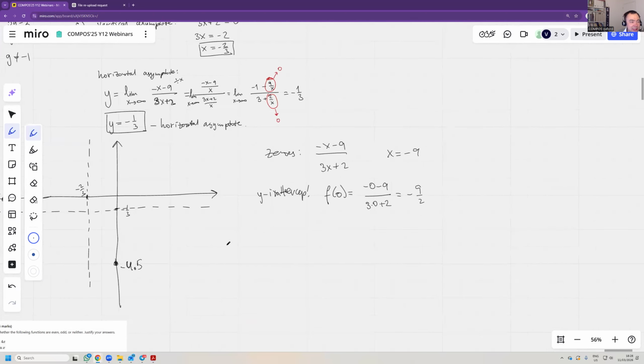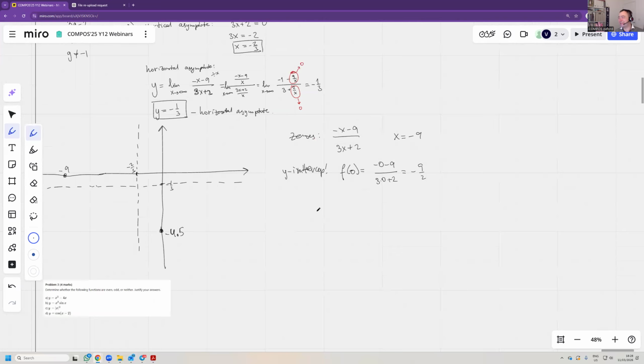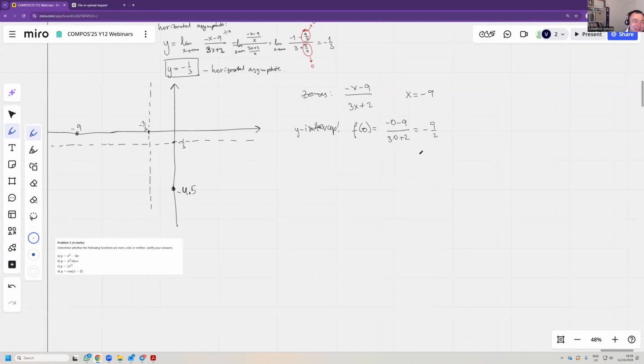Okay, let's go a little bit further. Even though you probably know how the function looks because you recognize this function, let's do some more stuff.